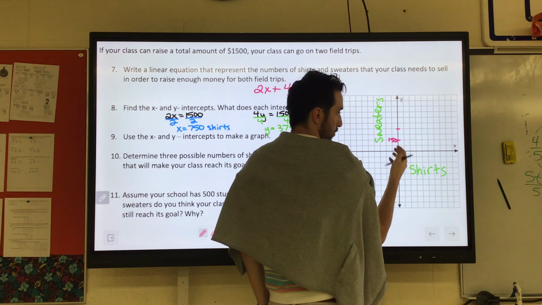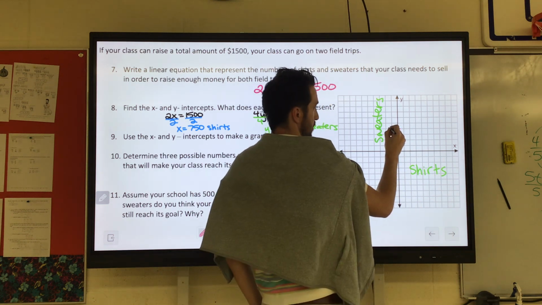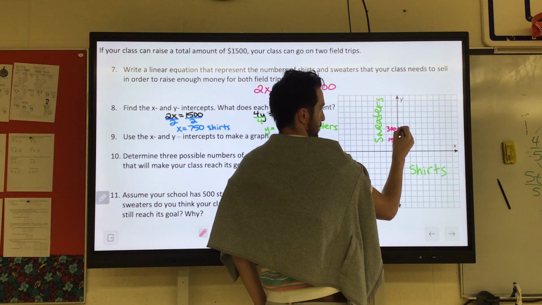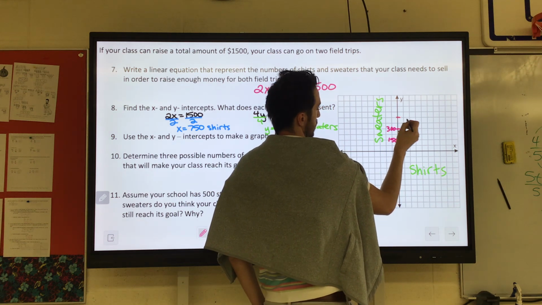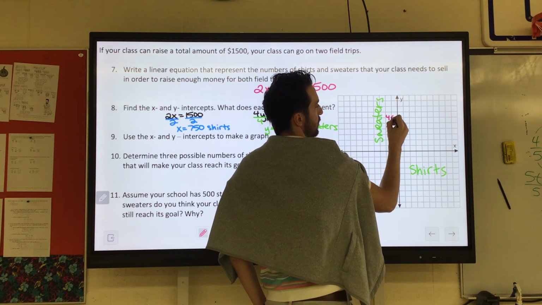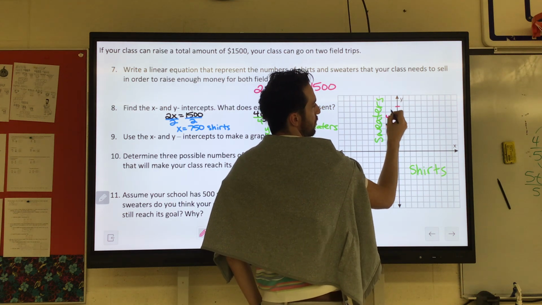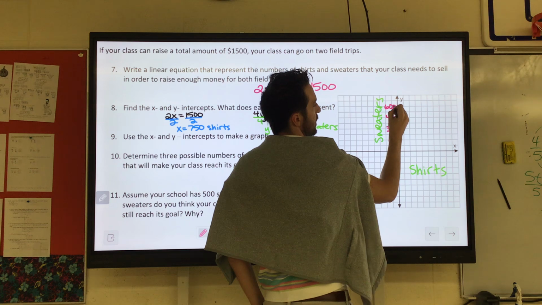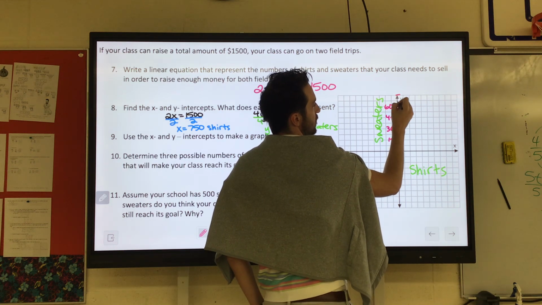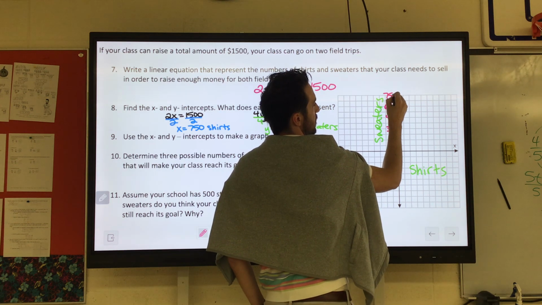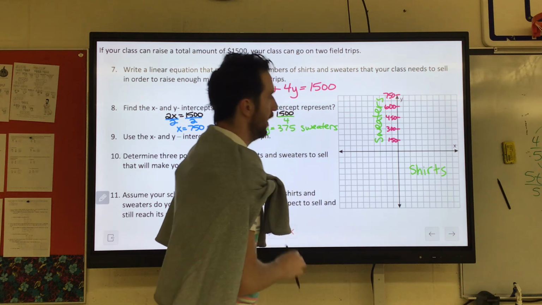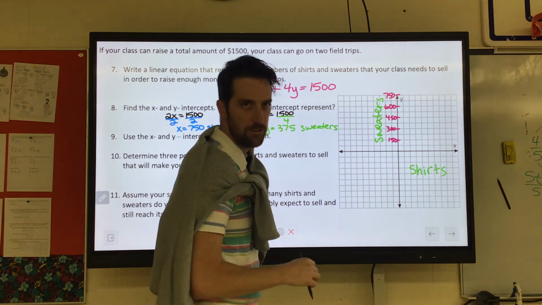Plus another 150 would be 300. Plus another 150 would be 450. The next label, 2 up from there, would be another 150, so we're up to 600. And then 2 more spaces would be another 150. We're up to 750. Oh yeah, we could use the same labels for the shirts.